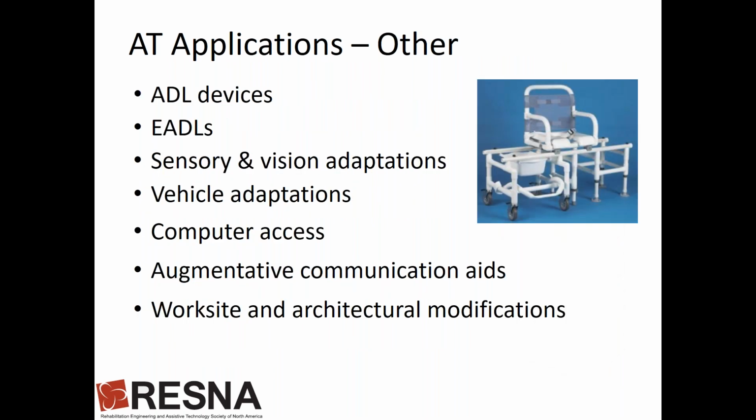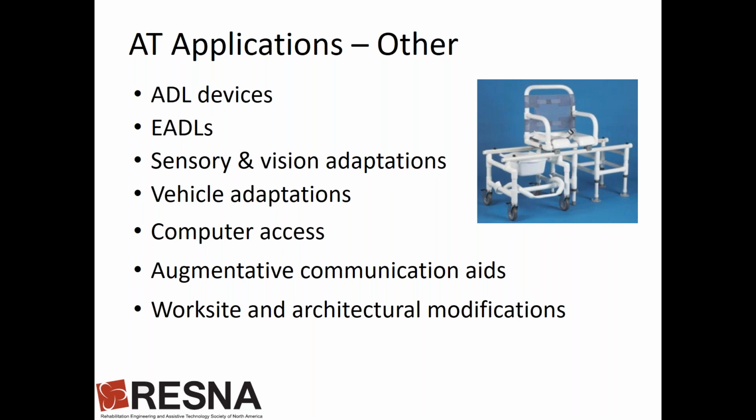Other AT for multiple sclerosis is self-care devices. We always look at the bathroom and what they need to help maximize their independence with grooming and self-care. They tend to benefit from some of the sensory and vision adaptations. A lot of these individuals are still working, and so you're helping them maintain their work.